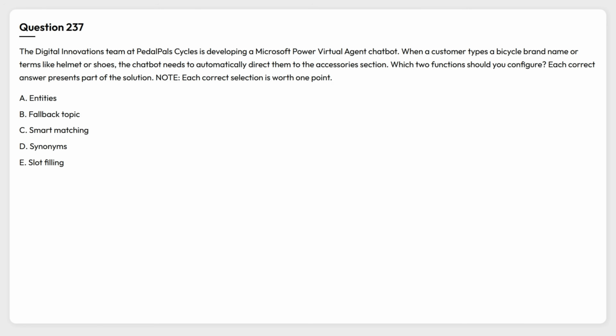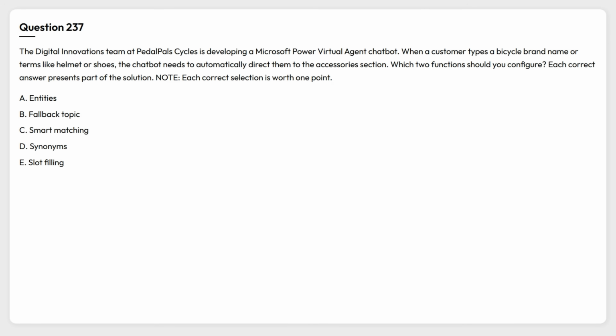Question number 237. The digital innovations team at Pedal Pulse Cycle is developing a Microsoft Power Virtual Agent chatbot. When a customer types a bicycle brand name or terms like helmet or shoes, the chatbot needs to automatically direct them to the accessories section. Which two functions should you configure?